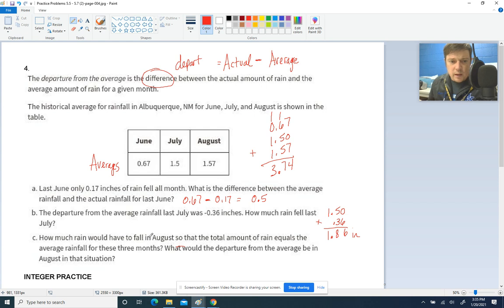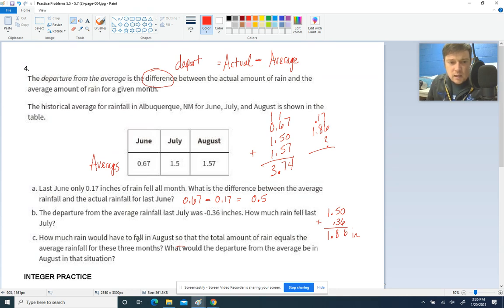How much rain would have to fall in August? Well, right now we know that it was 1.86 in July plus the 0.17 that was in June. So we need a mystery number to add up to equal the same as the average. I don't know.